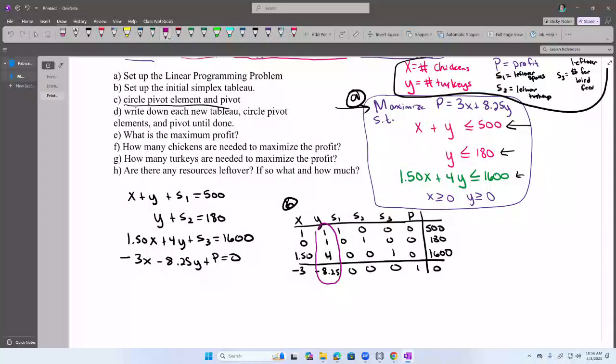So if any of these are negative or 0, I would just put an X beside them. So 500 divided by 1 is 500. 180 divided by 1 is 180, and 1600 divided by 4 is 400. I go with the smallest quotient, which makes that my pivot element. It is in row 2, column 2.